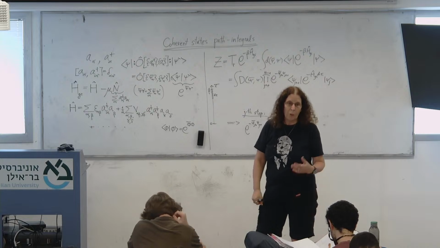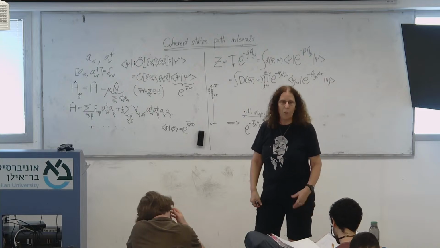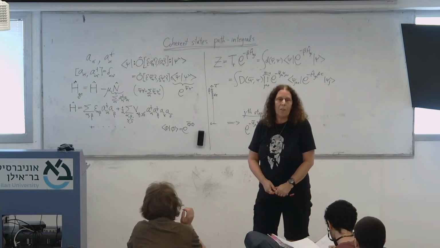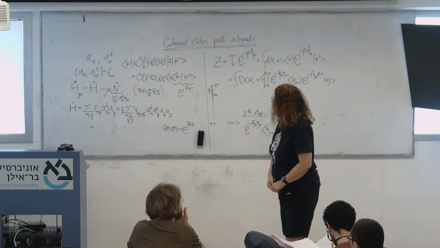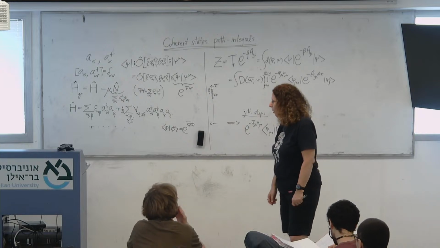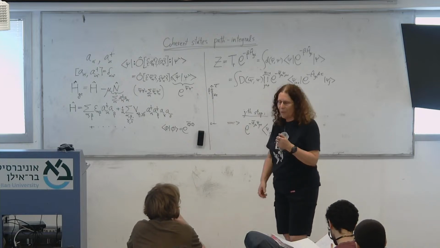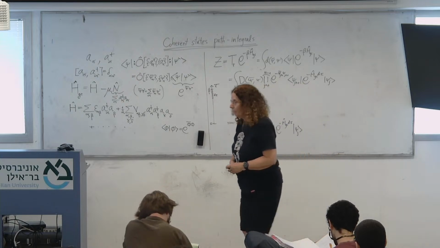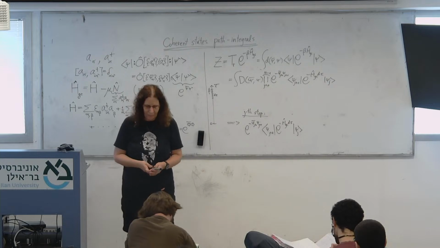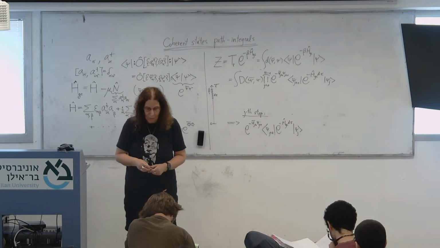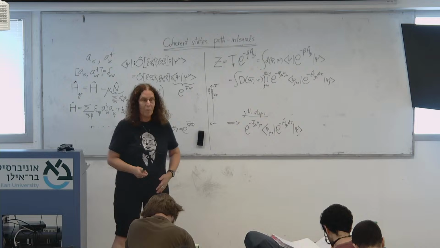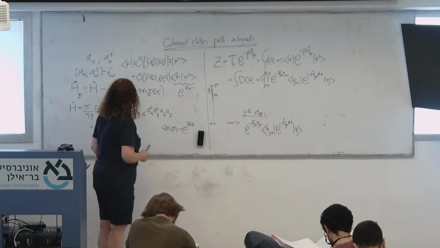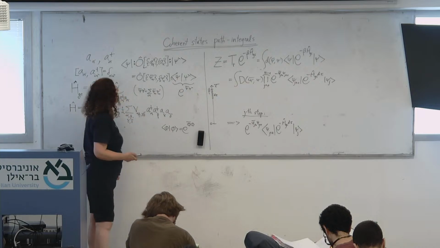Like for example, for photons, you have k, the k vector, which is a quantum number related to the momentum.